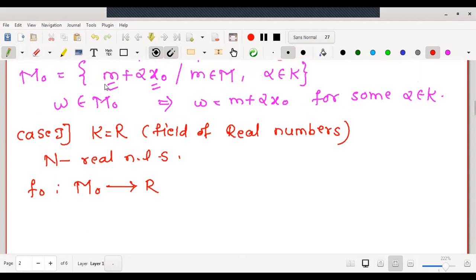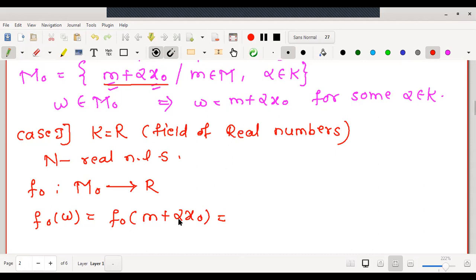What is the nature of an element in M naught? This is m plus alpha x naught. Therefore let me write F naught of omega, that is F naught of m plus alpha x naught. Now, our aim is to prove the mapping F naught is linear, continuous, and it is an extension. Therefore, we will define F naught in such a way that all the properties get verified in a simple manner, right?